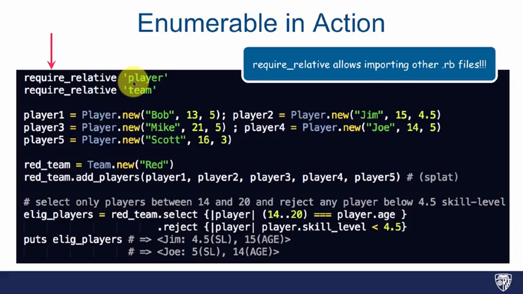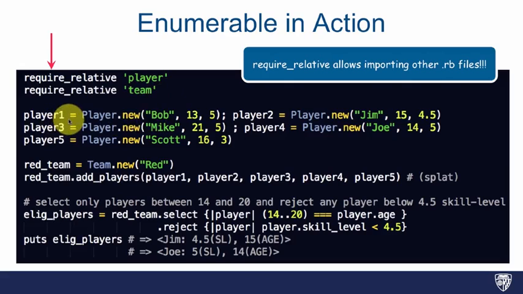So if they are in a different directory, you could use a path before the player here. In this case, they are all in the same directory, so you just say require_relative player, which is relative to this file in the same directory, require_relative team, so that brings in the Team class as well.